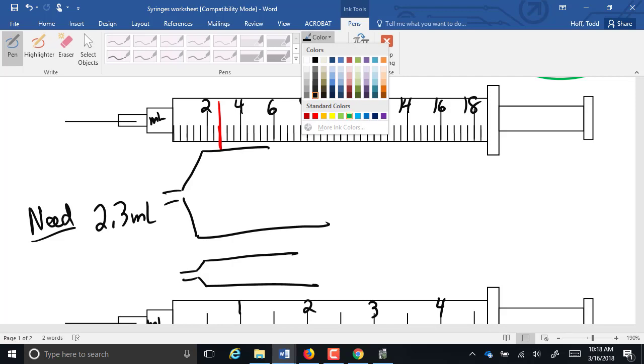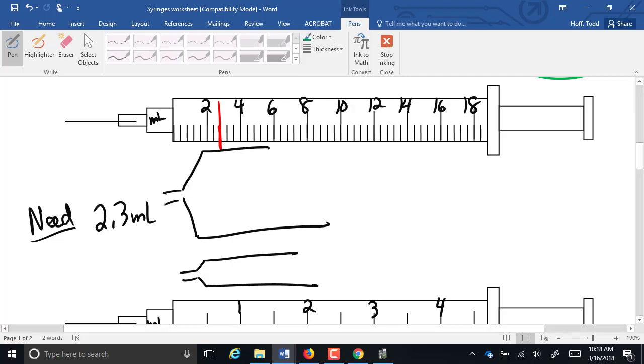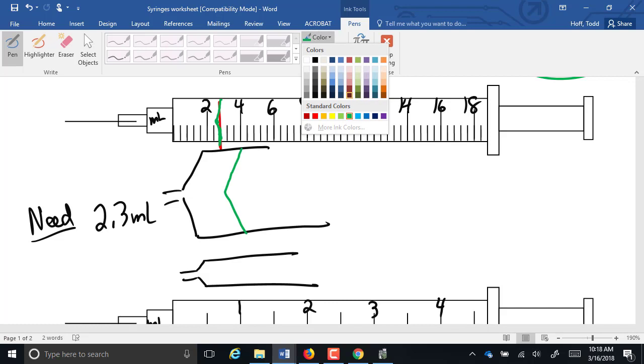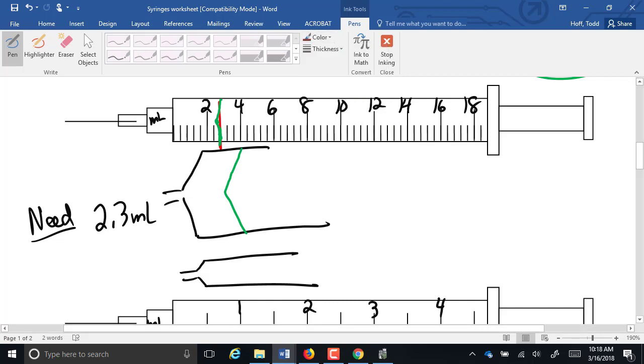Well, when I go to move this plunger in and out to get that 2.8 milliliters, am I going to end up exactly on the 2.8? No, I'm going to be off a little bit. So let's say this is what I'm shooting for 2.8 right there. And my plunger ends up right there. I've missed by a little bit.